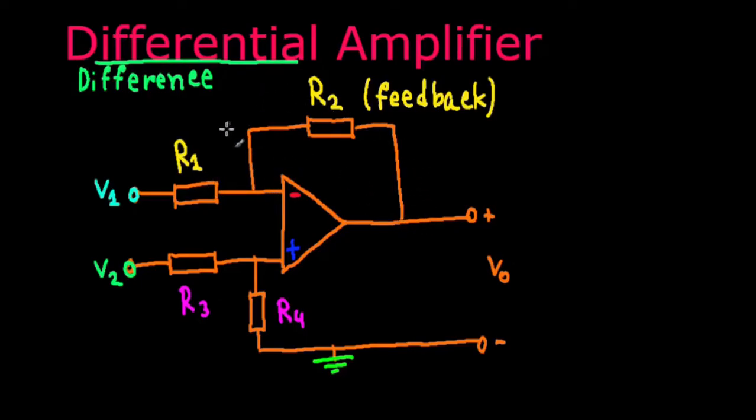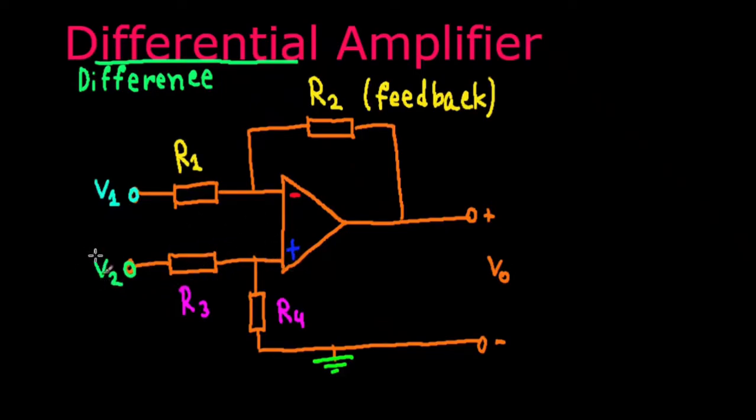You have your feedback resistor right here, but instead of R sub F, we'll call that R sub 2, because it lines up with how we are naming these, and when we find the formula, it makes it easy to remember. So this is your feedback resistor.